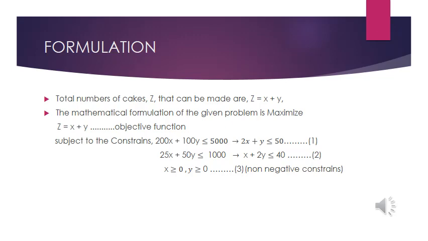The second constraint is the constraint from fat, which is 25x plus 50y is less than or equal to 1000, which we can reduce to x plus 2y less than or equal to 40. Here x and y are the number of cakes. It will be greater than or equal to 0. These are the non-negative constraints.